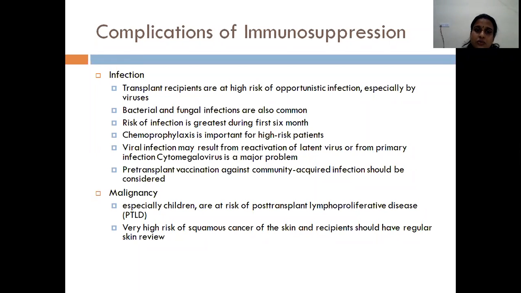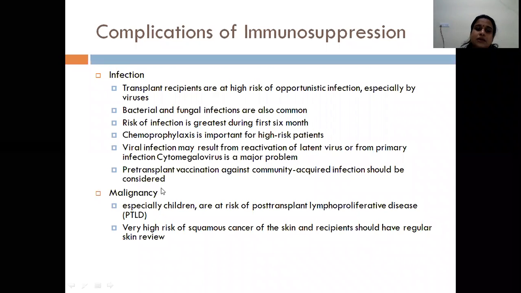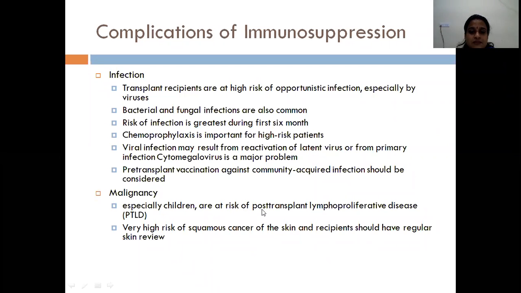So what you have to do, if available, is pre-transplant vaccination, and community acquired infections should also be considered. Next, the most important complication of immunosuppressive agents is again malignancy. Children are very much at risk of developing PTLD, that is post-transplant lymphoproliferative disease.